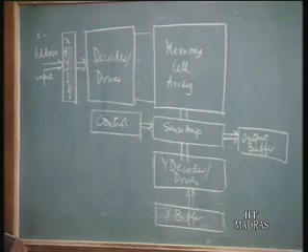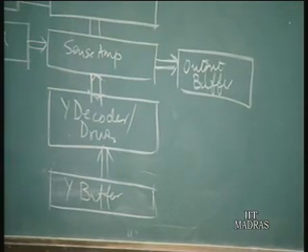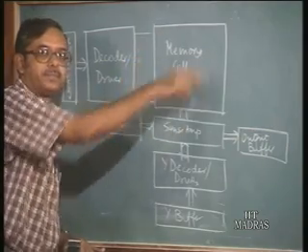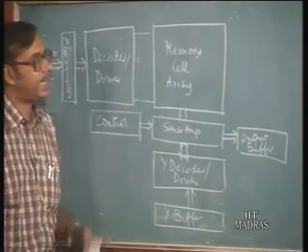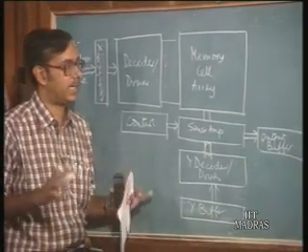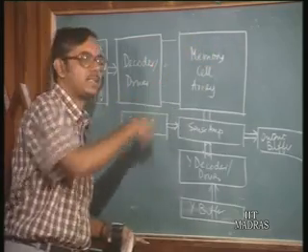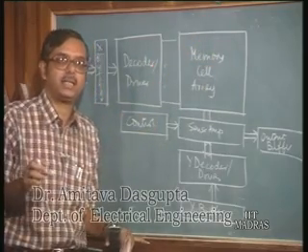Now, which technology would be used in which regions? For example, if you take the memory cell array, this constitutes the major portion of the device in terms of area. So, this has to be in a technology which consumes less area.